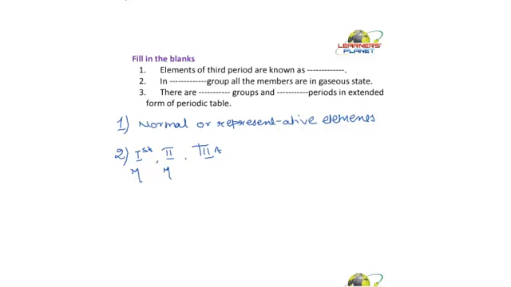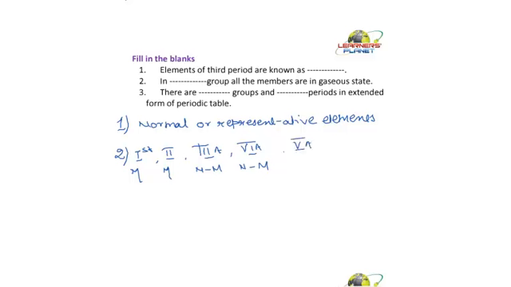They are not gaseous in nature. So they have a sharp transition from a non-metal to a metal. Then, students, the fourth A group, there is also a transition from non-metal to metal, and they are in solid state. They are not gaseous.